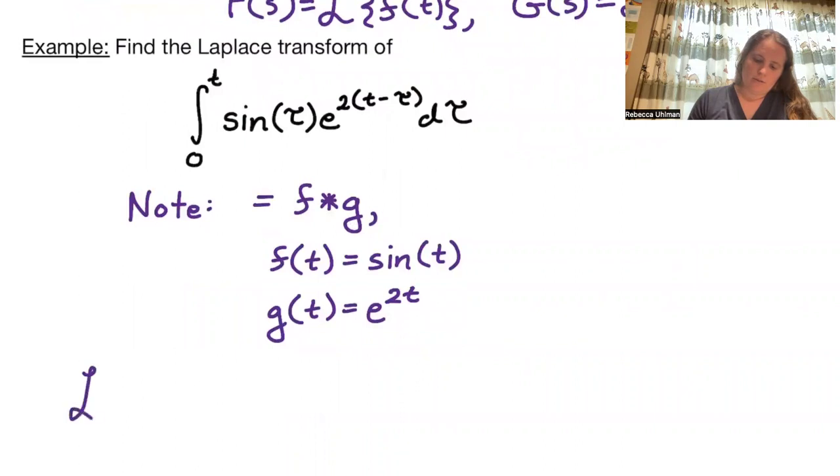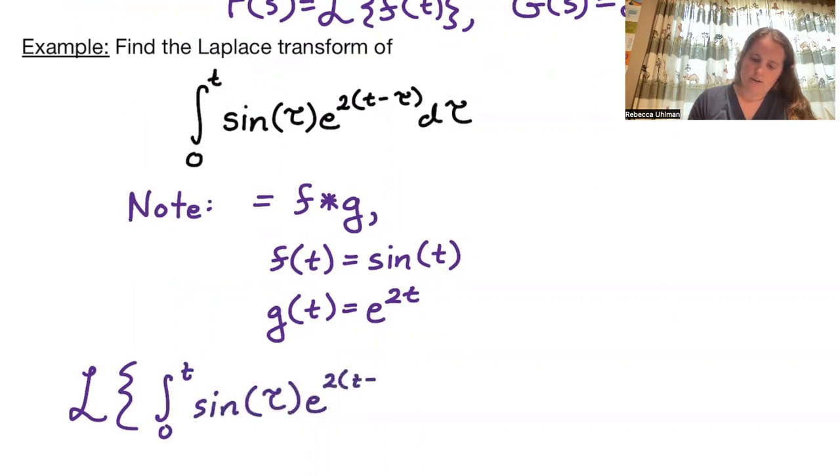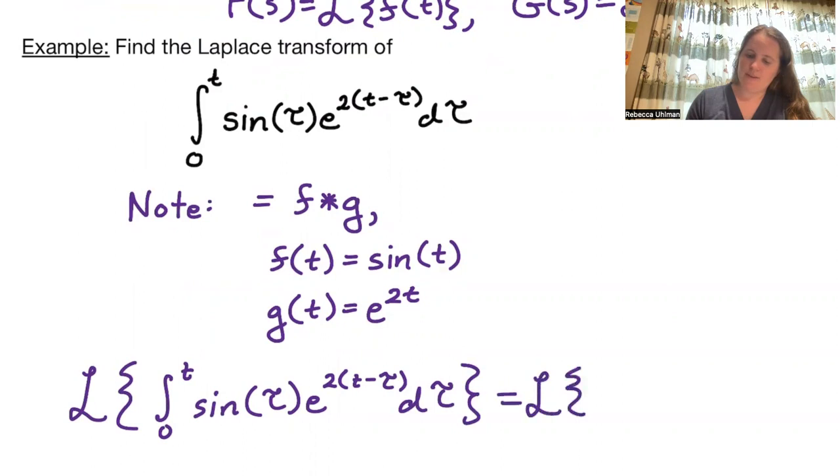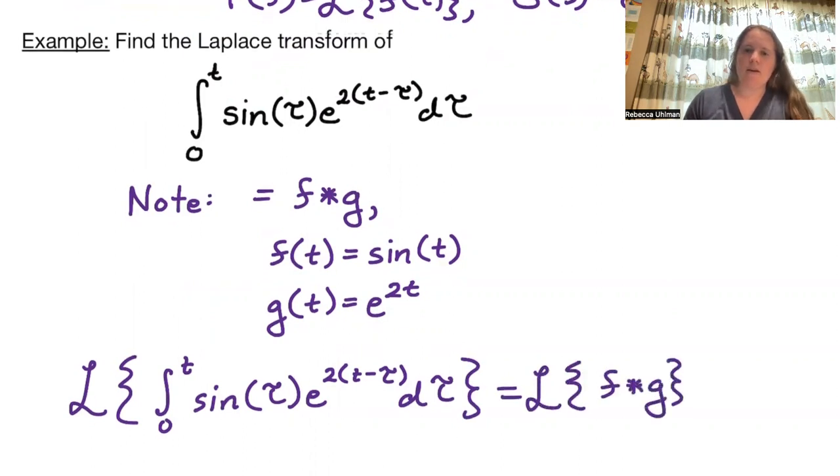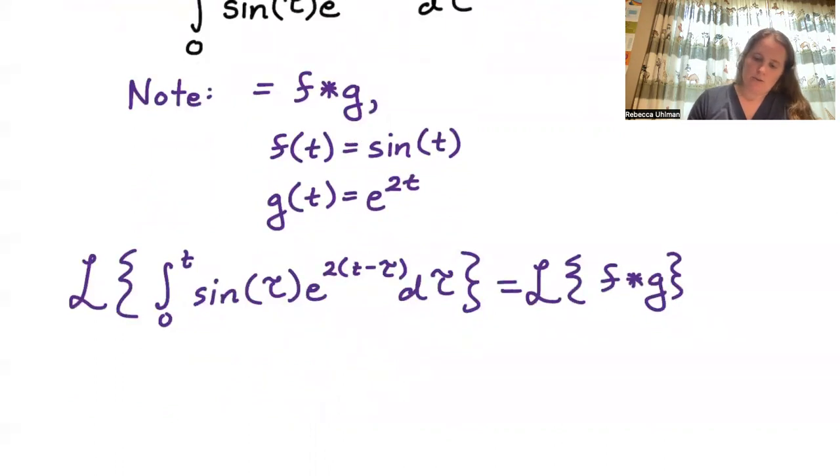So the Laplace transform of the definite integral from 0 to t of sine of tau times e to the 2 times t minus tau d tau is the same thing as taking the Laplace transform of the convolution of f and g. And that we can simply do as capital F of s times capital G of s.